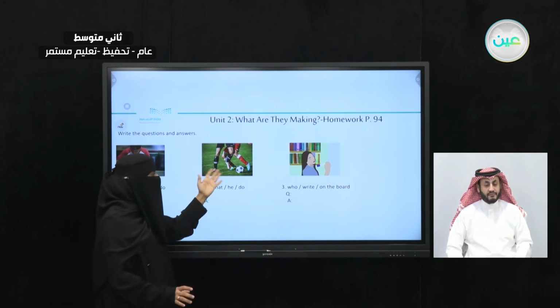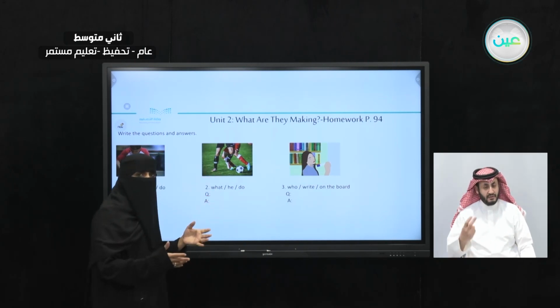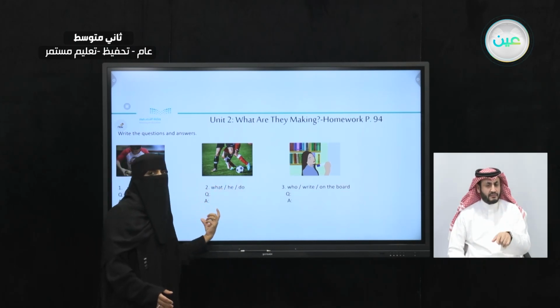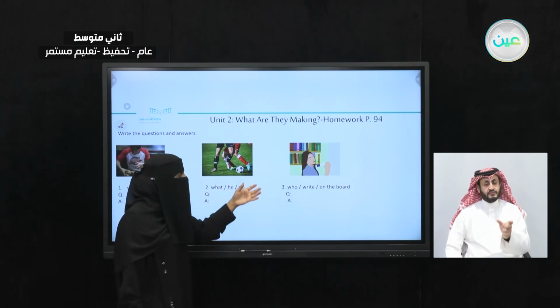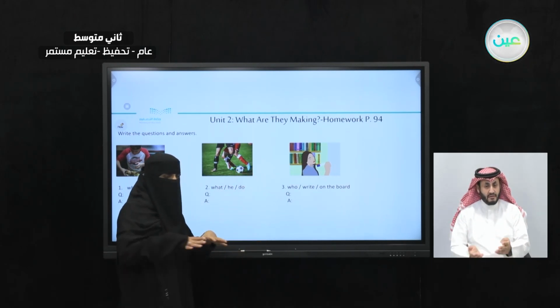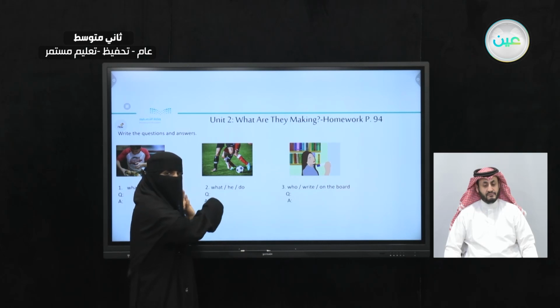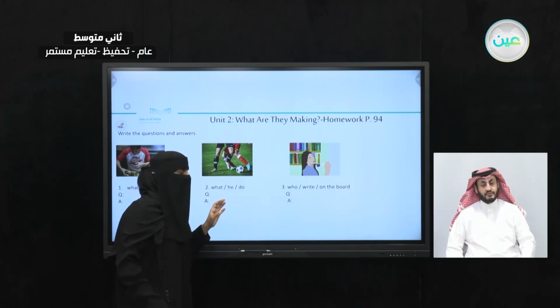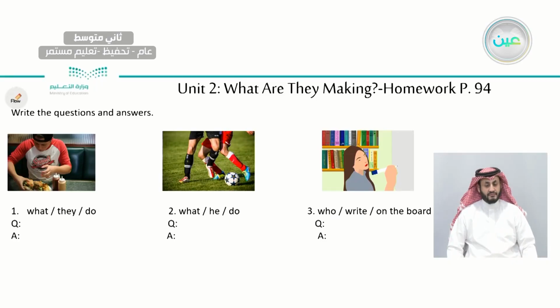For number 2, we have boys playing football. How can you form a question and how can you form the answer? In the third picture, we have students and the teacher, who is writing on the board, yes? So you will ask what the teacher is doing, using the present progressive, okay?